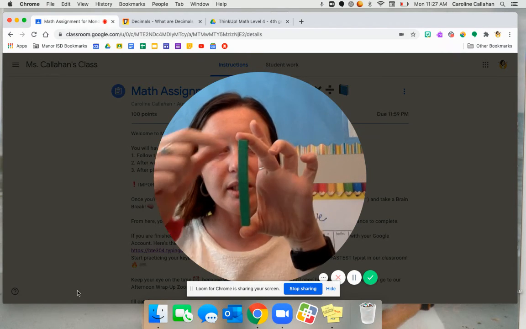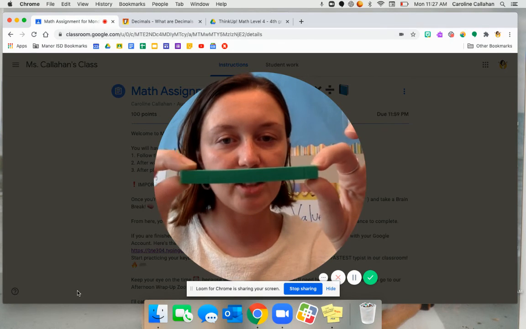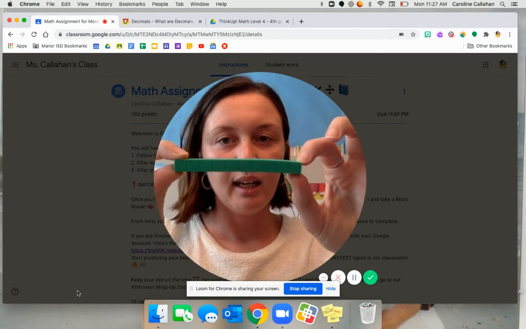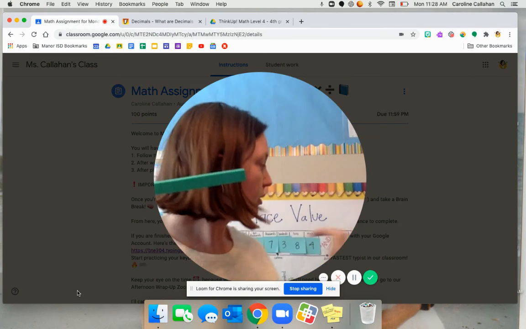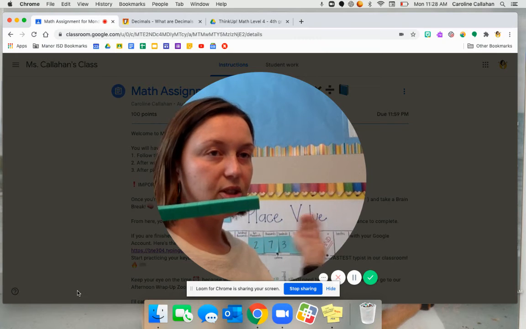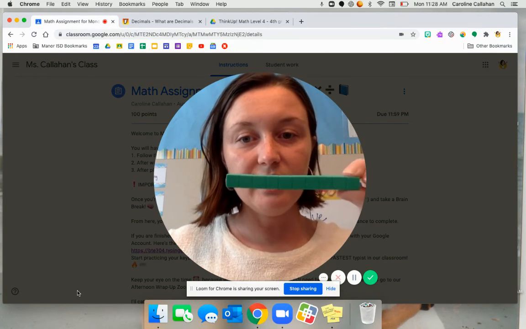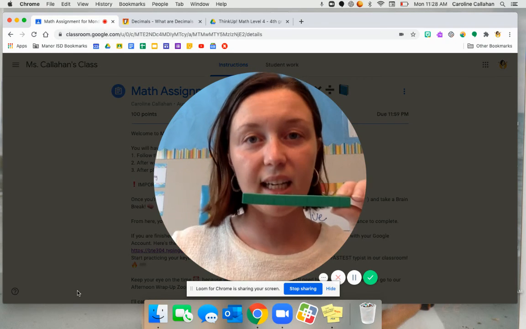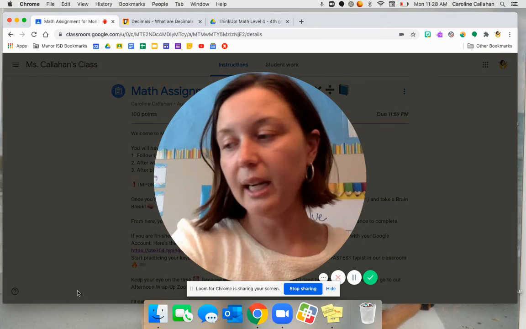So we're going to think about how these longs have 10 little mini cubes. And as we move from left to right, we have to divide by 10. So 10, which is this, divided by 10 equals 1, right?